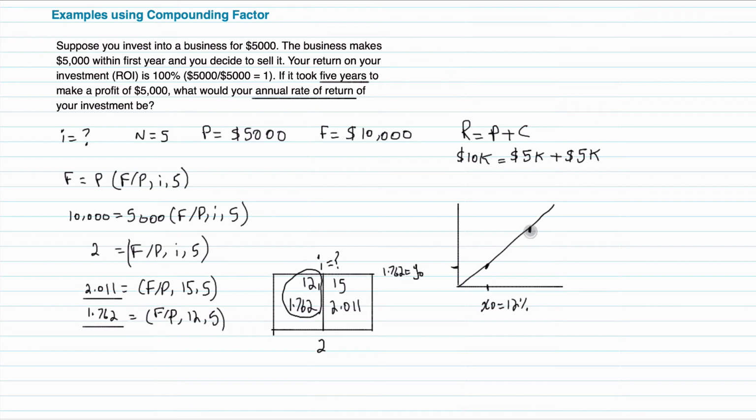And in the middle we have x, which is what we are trying to find, and our y value, which is 2. And on the upper end we have x1, which is 15%, where x is the percent, and y is 2.011.